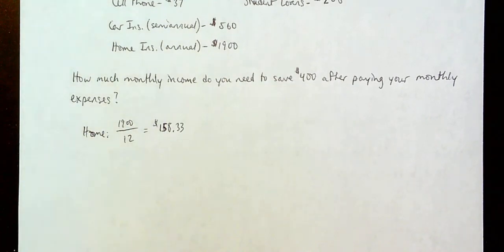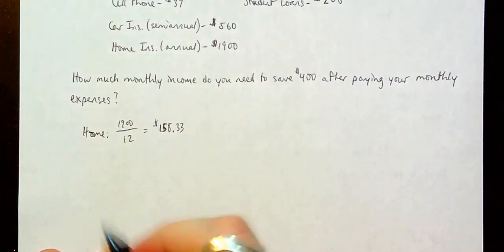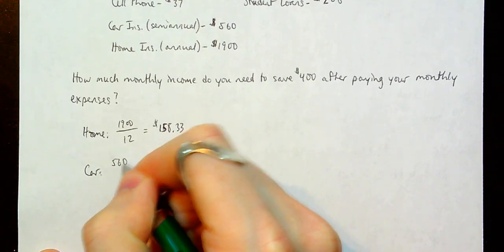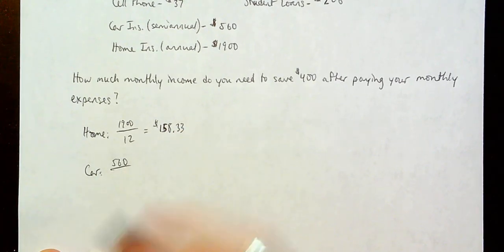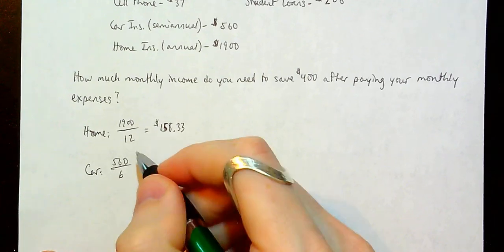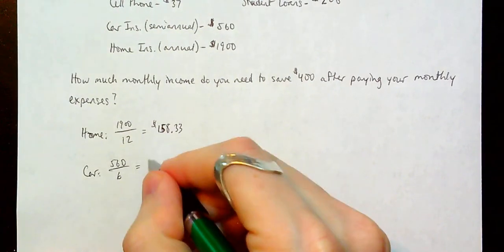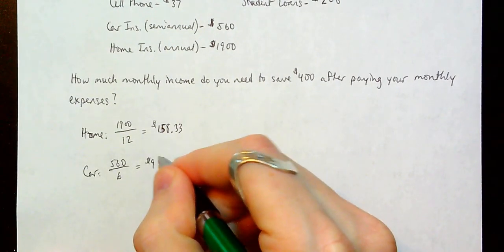For now, we'll go with the actual values that we calculate. The car insurance, $560, is every 6 months. And if you do 560 divided by 6, that's going to give you $93.33.